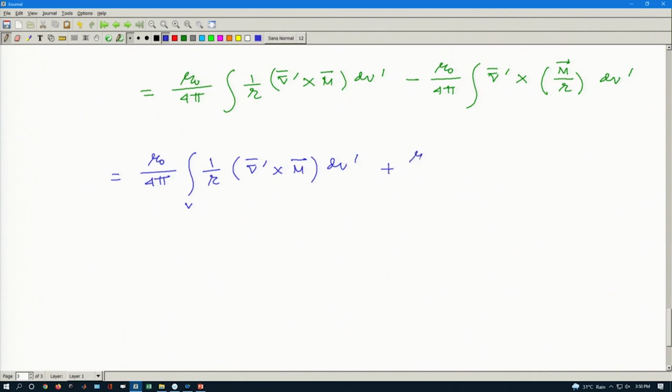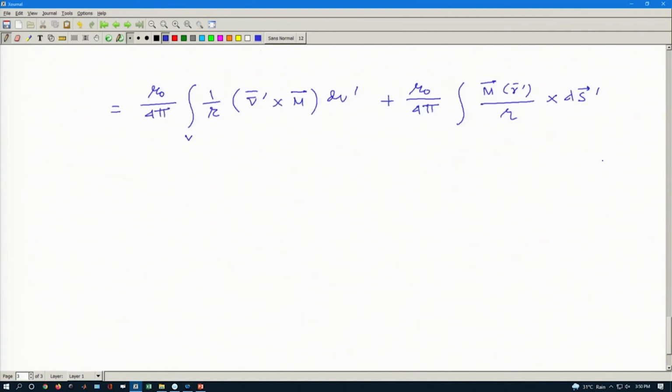Let me first write it and then I will show what the vector identity is: m at r prime divided by r, cross ds prime. So, the identity we use is this one.